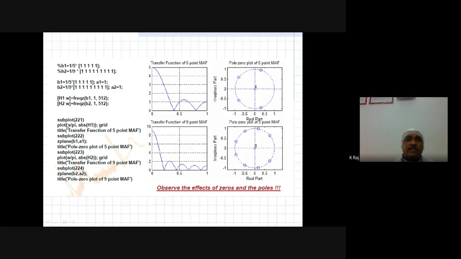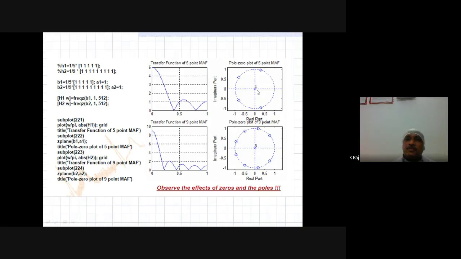Then we use subplot 2,2,1, that is the 2 cross 2 layout and the first figure, plotting omega by pi against the absolute value of H1, with grid. The title is transfer function of 5-point moving average filter. Then subplot 2,2,2, the second figure, with the title pole-zero plot of 5-point moving average filter.